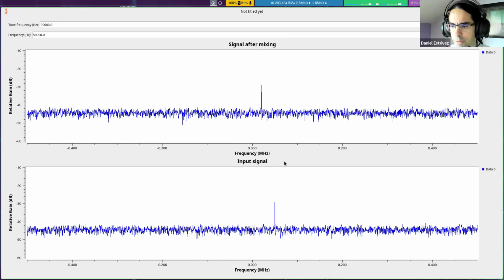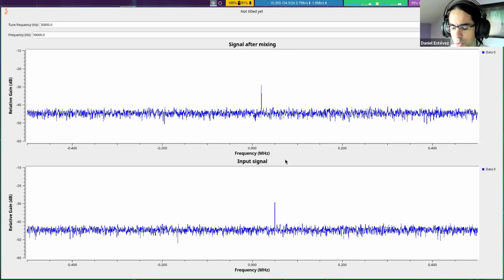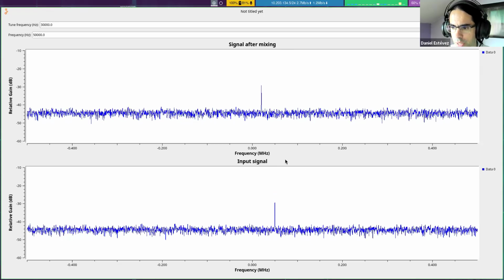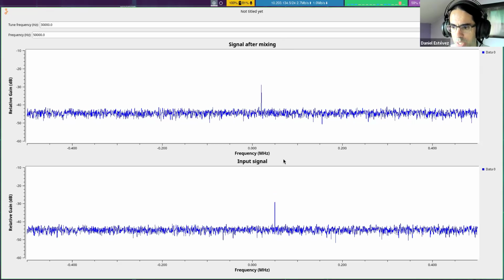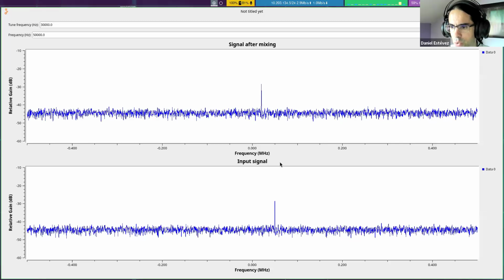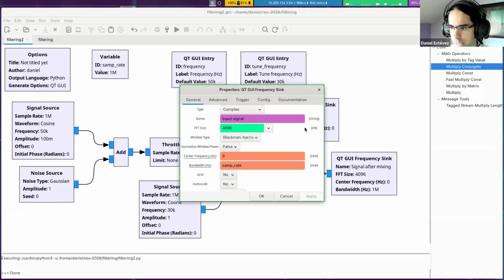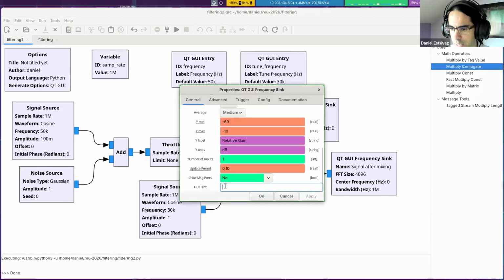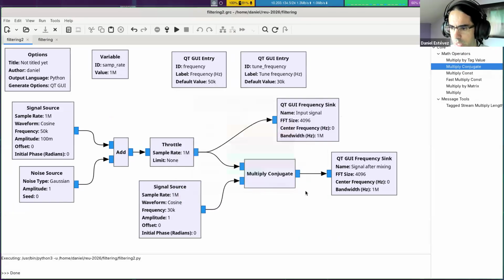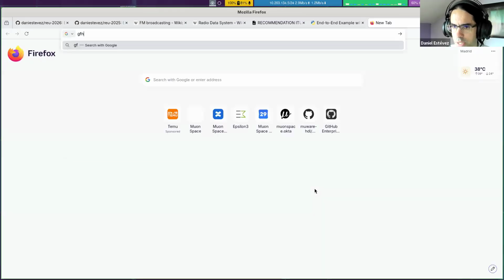Okay, so if we have plots in the GUI, GNU Radio will order them in whatever way, but we can influence that order to essentially order things the way we want. There is a thing called GUI hint, which is here. And I think there is a reasonable explanation in the wiki.